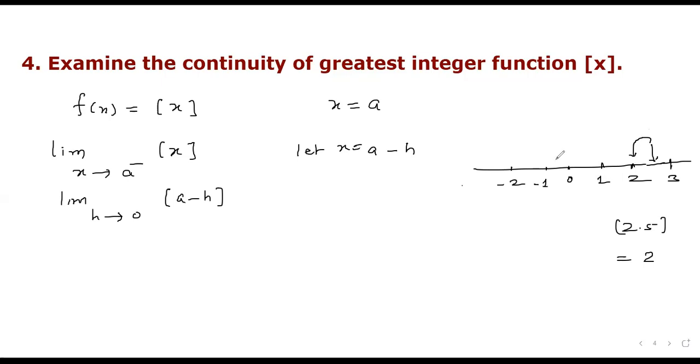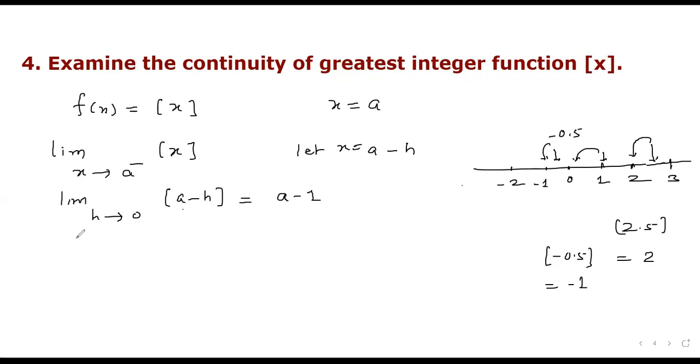Similarly, suppose we take negative 0.5, its greatest integer will be minus 1. Here a we can assume to be any number. Suppose a is 1, then the greatest integer of a minus h will be the previous number. It means this will become a minus 1.